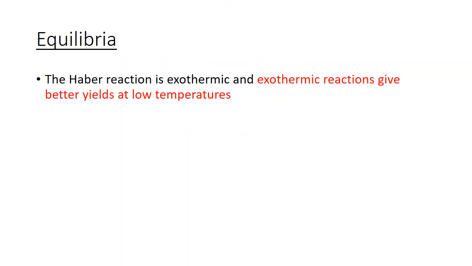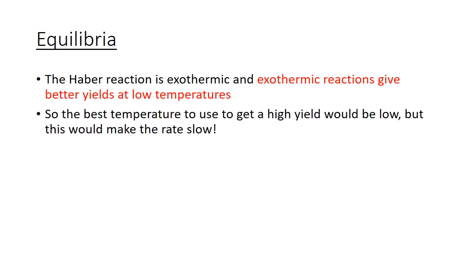So we can see that if we want to get the best yields out of the Haber process, we want to do them at a low temperature, because we can see from the previous graph, the higher the temperature, the lower the amount of ammonia being produced. But if we did it at a really low temperature, we might get a great yield, and that we get more of the product than the reactants, but it'd be happening really, really slowly. And that's not great when you've got demand and you want to get your products out.